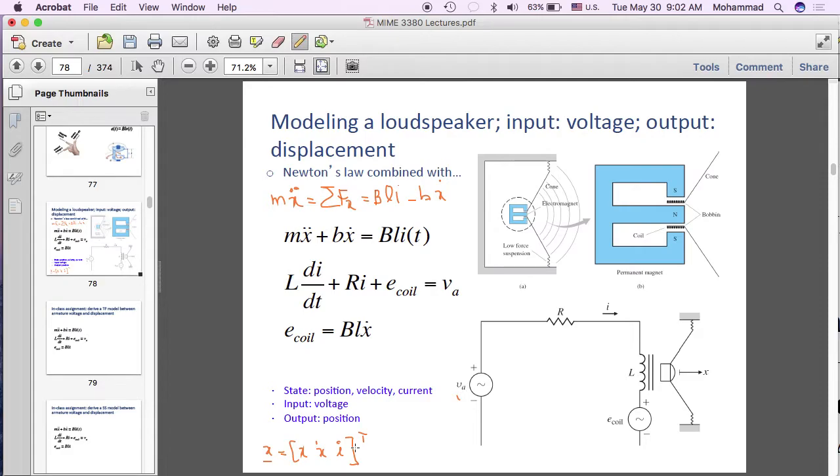So these are the three state variables. Input is the voltage, again, that comes from the amplification of the signal from the microphone. And output generally is the position. We are interested in the vibration that is created, and that is going to be x as a function of time.